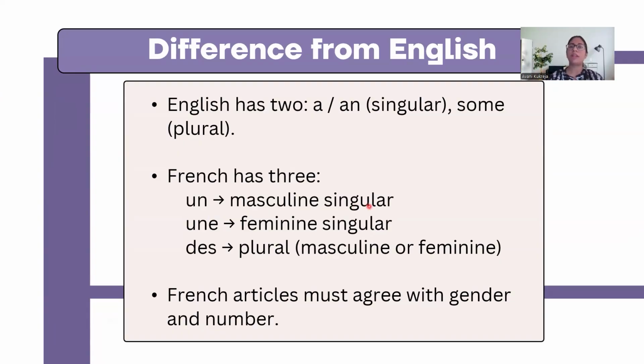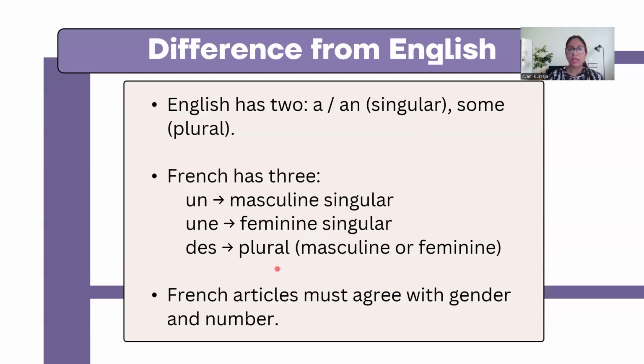Everything in French is going to be masculine or feminine. So every noun that you know will have a gender in French. Un is used for nouns which are masculine and singular. Une is used for nouns which are feminine and singular. Des is used for nouns which are plural, be it masculine or feminine, doesn't matter.